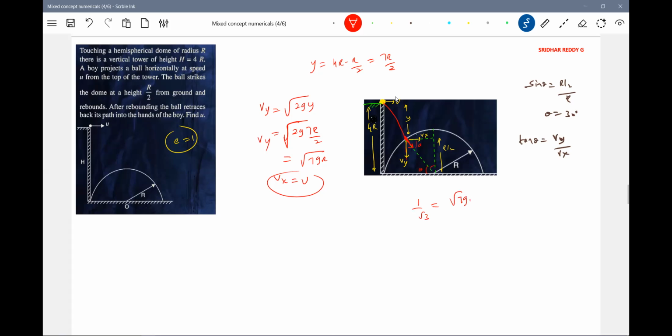The ball will come and collide. I'll increase the size. Okay, okay. No, see this one. Once you read the question, then it'll be very easy for me to explain.